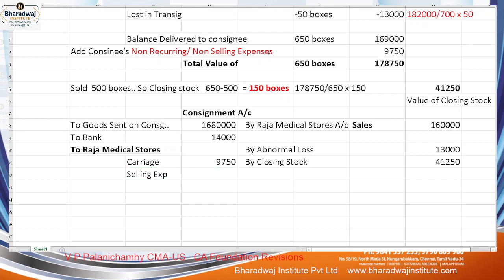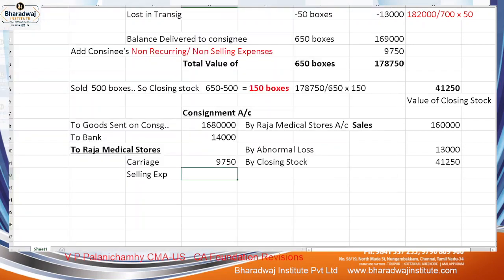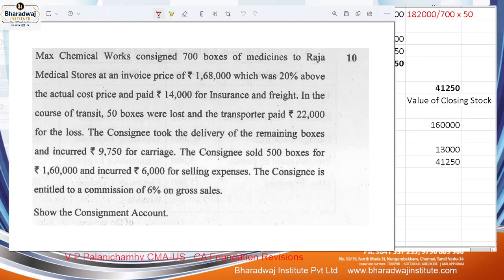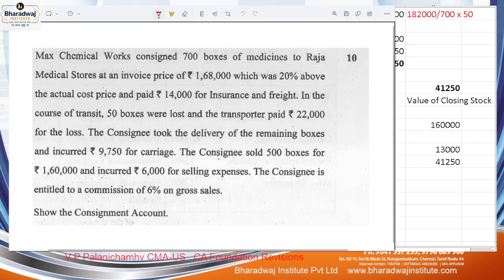Selling expenses, how much is given? 6,000. Selling expenses 6,000 and commission. Commission எவ்வளவு percentage on sales? Commission 6% on sales.